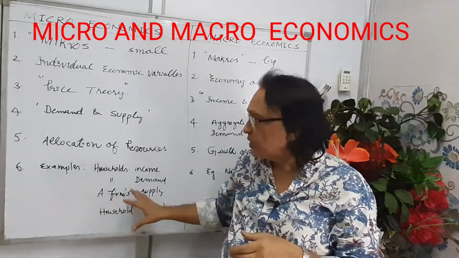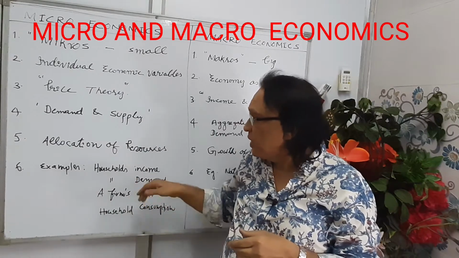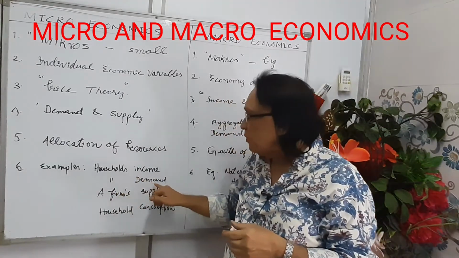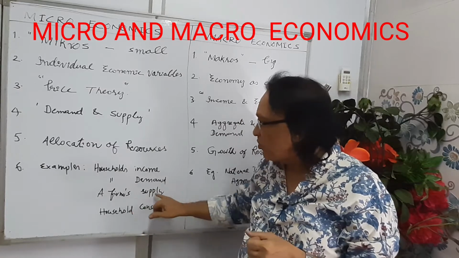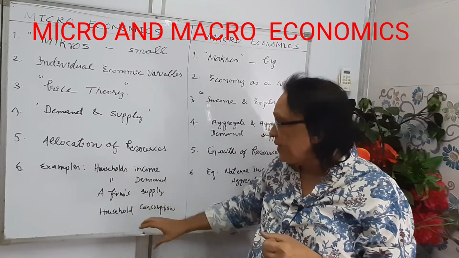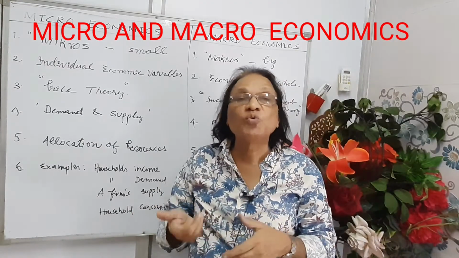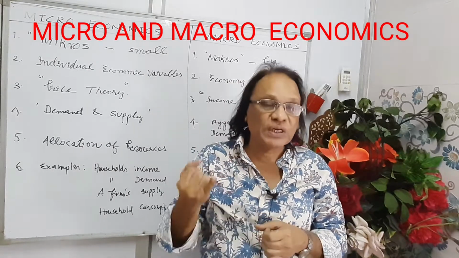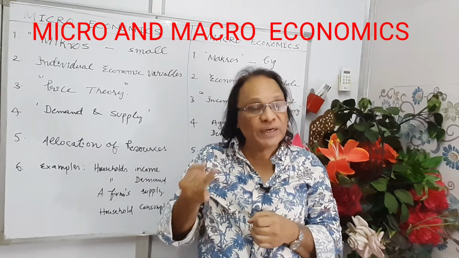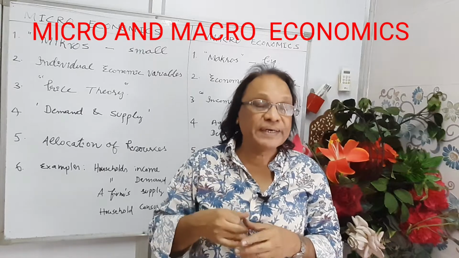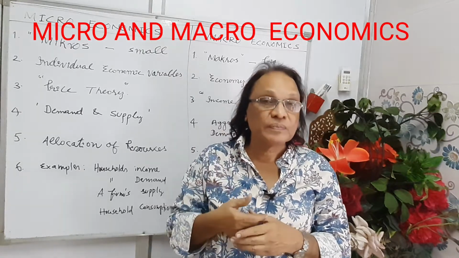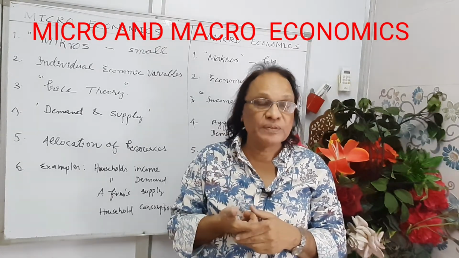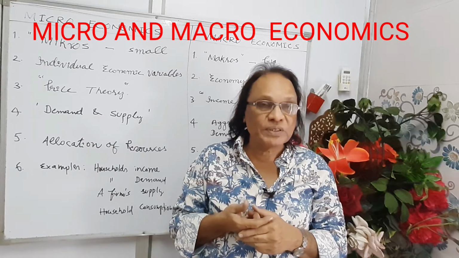In microeconomics, there are a lot of examples: household income, demand of a consumer or household, a firm's supply or industry supply, household consumption, anything to do with individuals. Your savings, your consumption, your demand, your supply, whatever you do individually, that's all microeconomics.